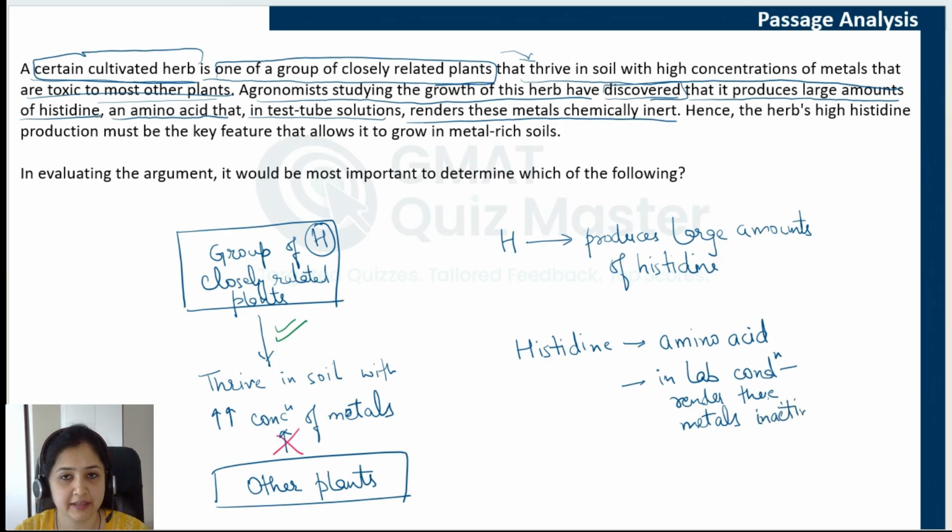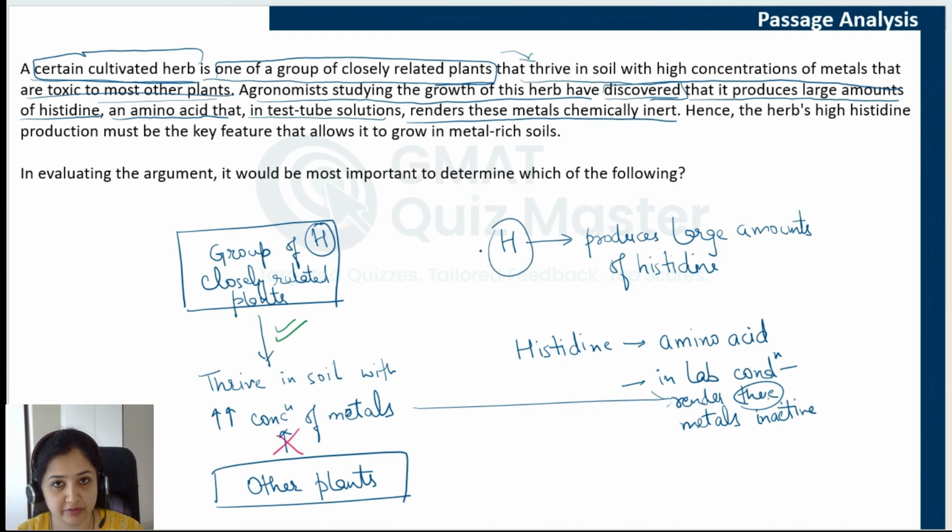Ineffective or inactive. Chemically inert means they will no longer be active, they will no longer be able to have the kind of chemical effect that they had. And which metals are we talking about? These metals, the metals present in soil. So this is something that we know about histidine, how it acts in lab conditions. We do not know whether it acts in a similar way in soil or not. We know that this herb H produces large amounts of histidine. All right, let's read further.